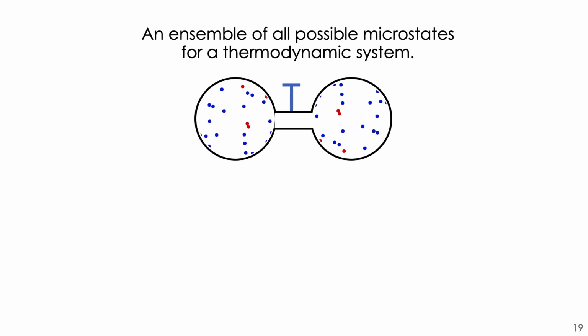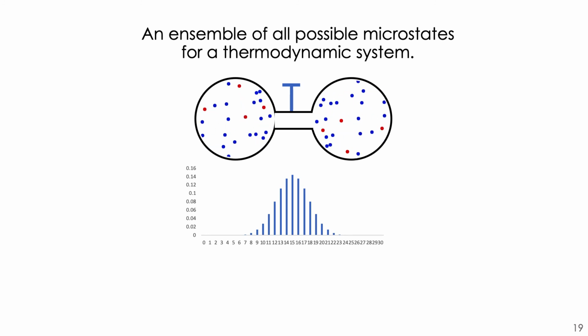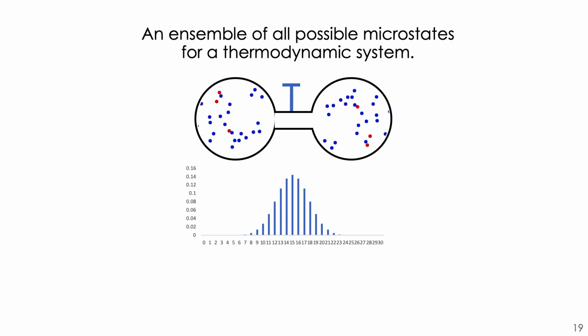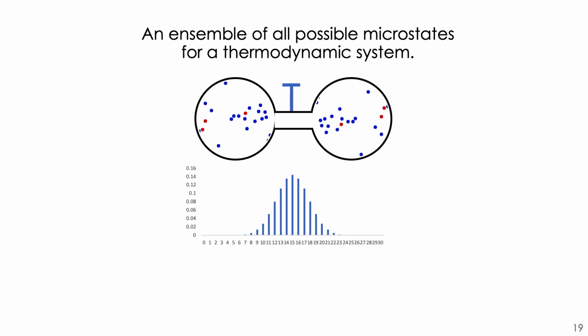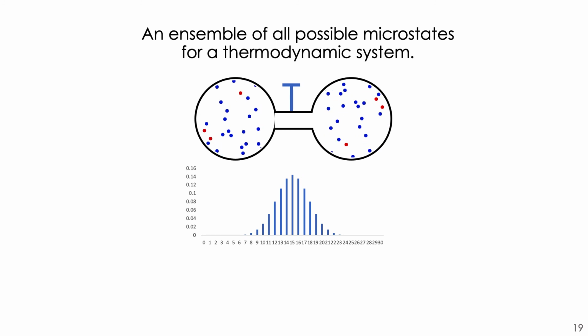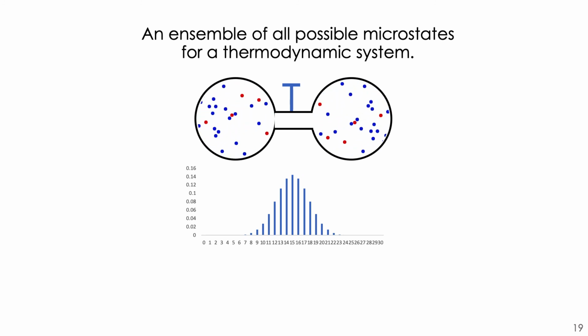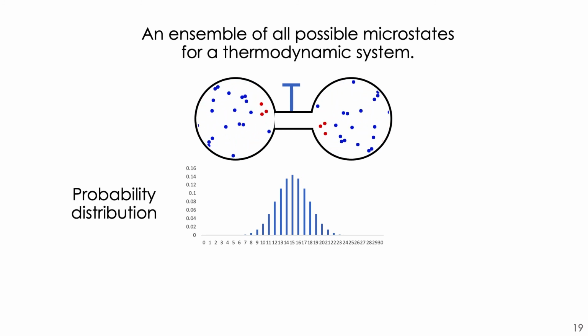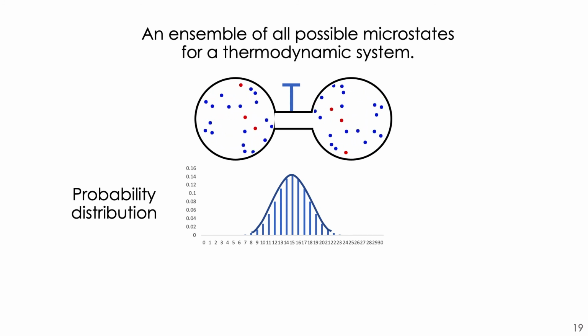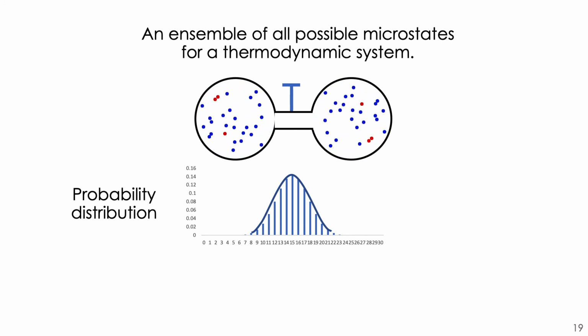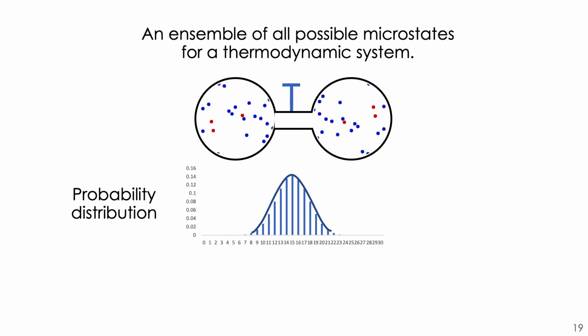This can be described as a probability distribution that, as we increase the number of molecules to actual real numbers, approximates a continuous curve, which is the one that we will be describing and looking at throughout the course.